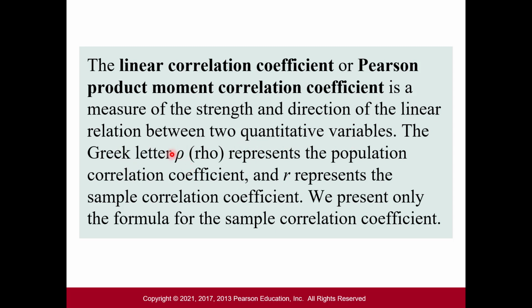The Greek letter rho, which kind of looks like a P, represents the population correlation coefficient, and r represents the sample correlation coefficient. We're just going to look at the formula for the sample correlation coefficient, but remember that it measures the strength and direction of the linear relation between the variables.